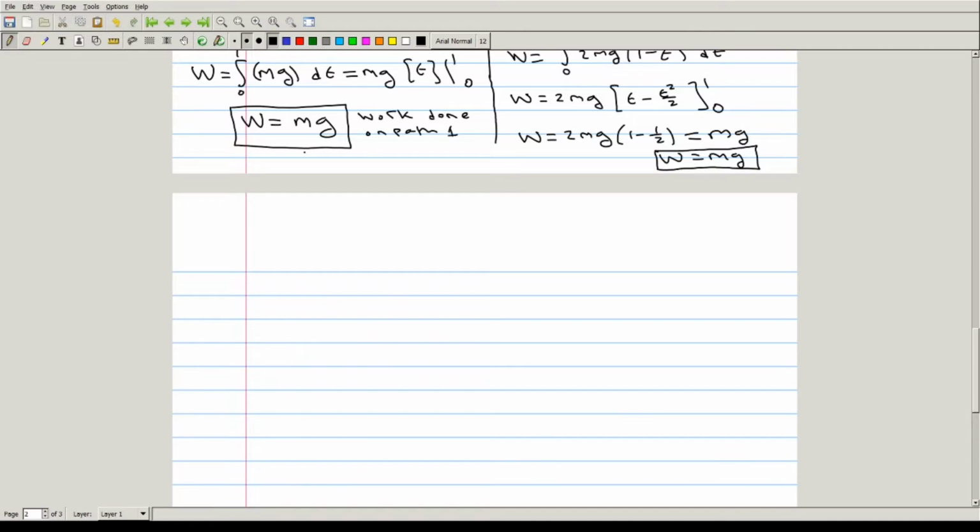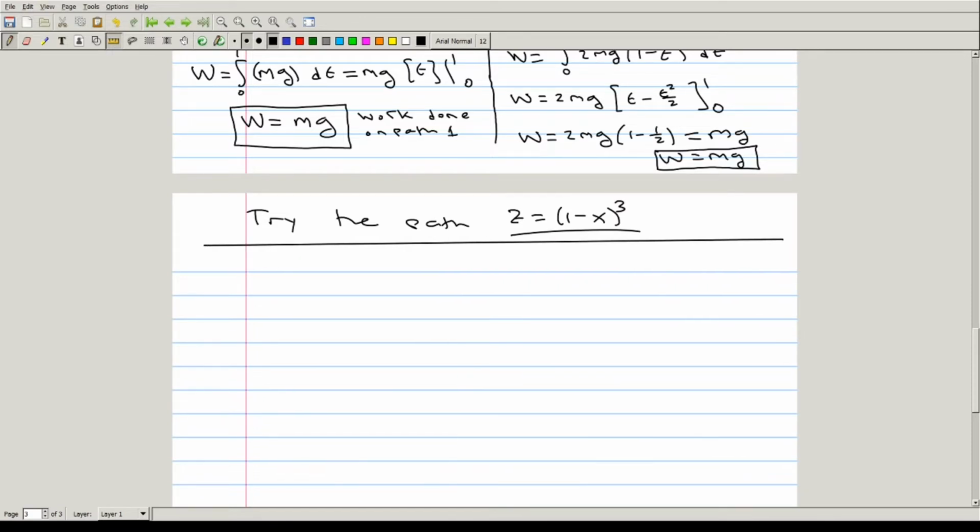So I encourage you to do this example out again for another path. Specifically, try the path z is equal to 1 minus x cubed. You'll get the exact same thing. You'll get that the work along this path is still equal to mg, which is a very convincing argument for this example.